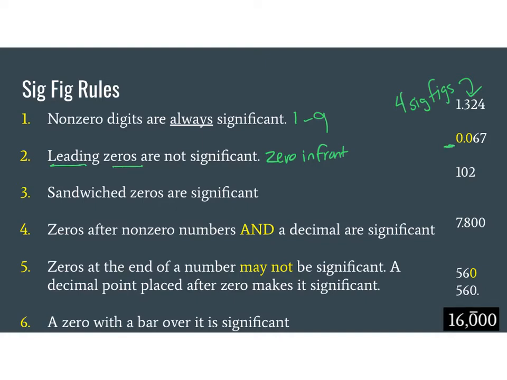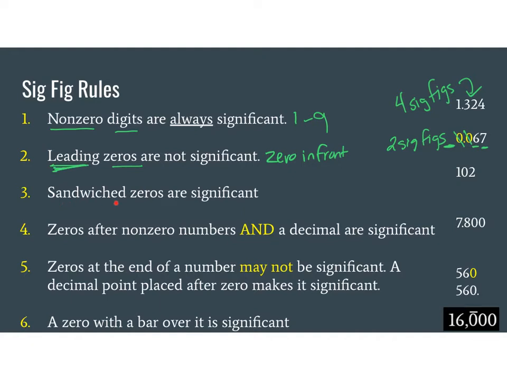There's nothing significant ahead of them. So these zeros are not significant, but the 6 and the 7 are because of Rule 1, stating that non-zero digits are always significant. So the number 0.067 only has 2 Sig Figs because of those leading zeros.